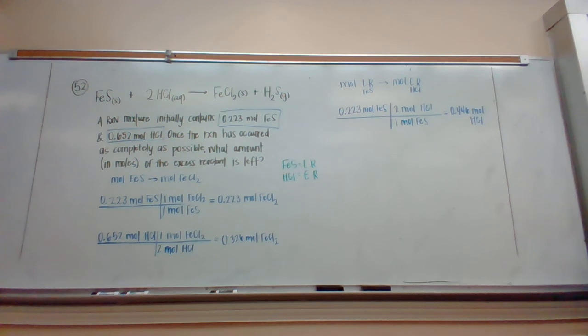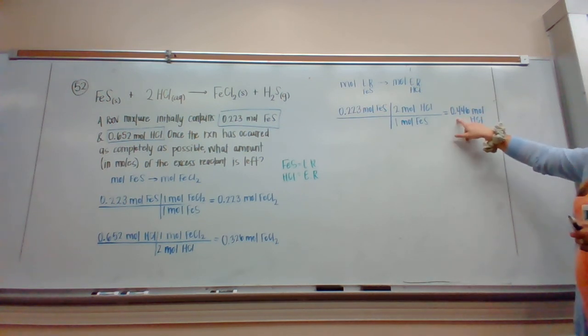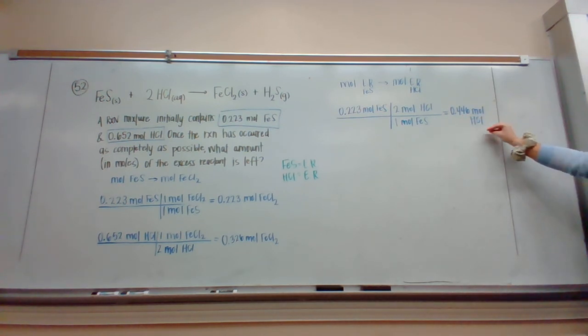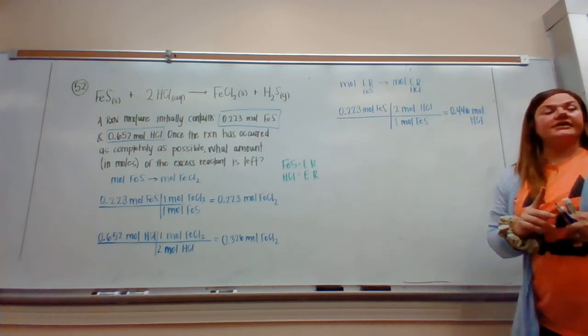And again, it's just one step because we started with moles, we're going to end with moles. So I got that 0.446 moles of HCl is needed to completely react with this amount of FeS, right?